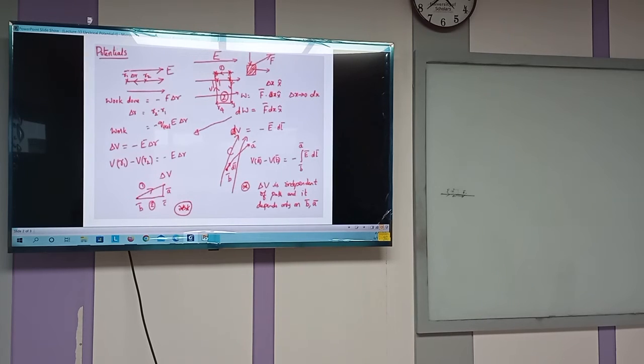With reference to some zero potential, this quantity that we have just written down is actually the potential difference between the points R2 and R1.